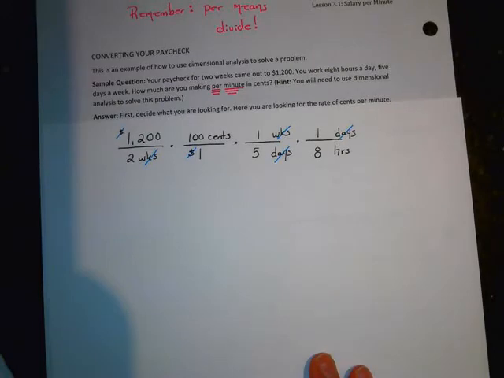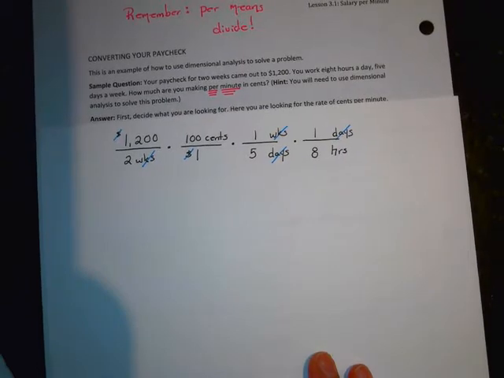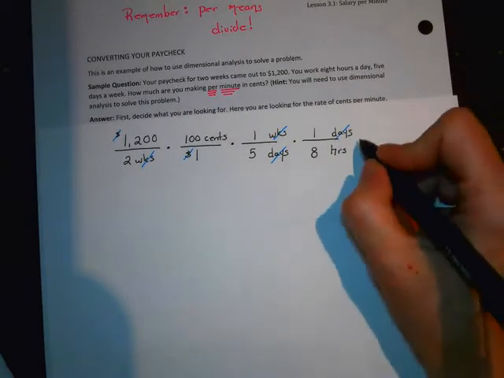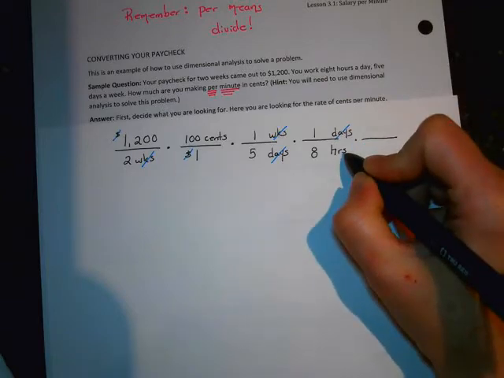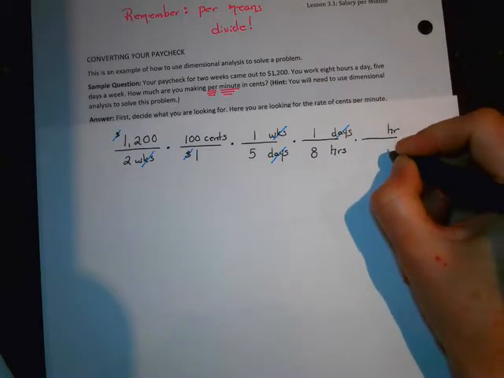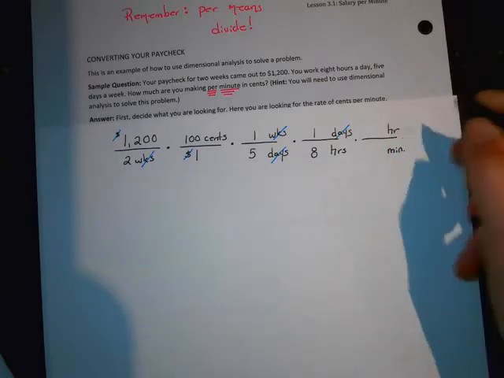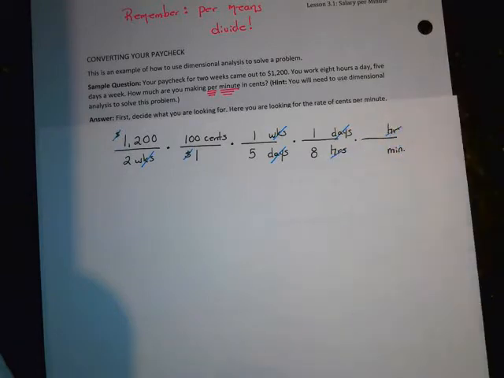So if I have hours on the bottom, I want to cancel it. So I'm going to put hours on the top and then minutes on the bottom. So hours on the bottom cancel with hours on the top. And in 1 hour, we've got 60 minutes. And that's our goal.